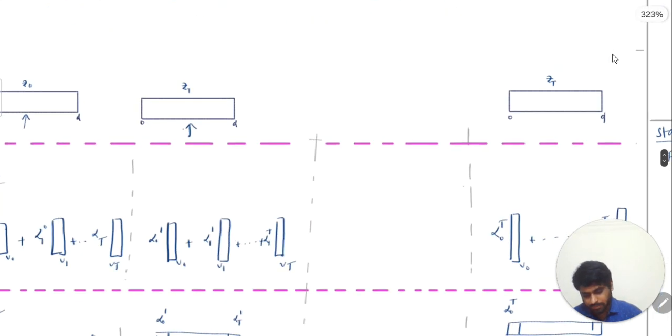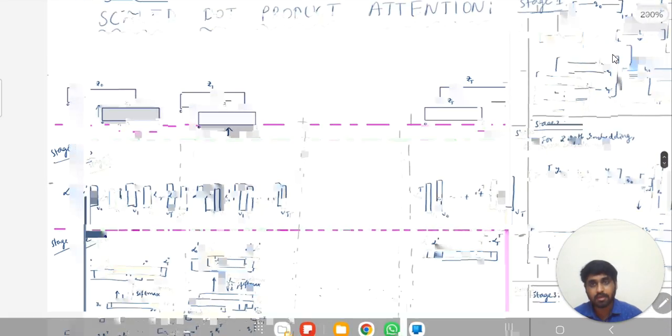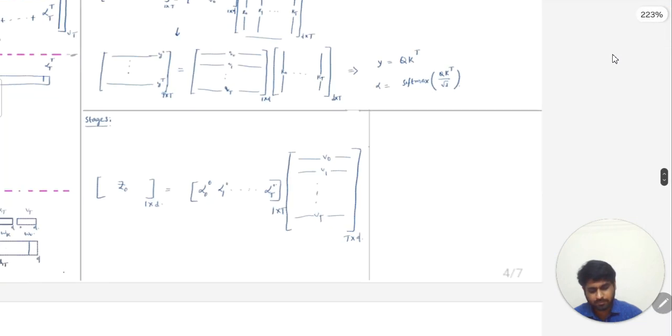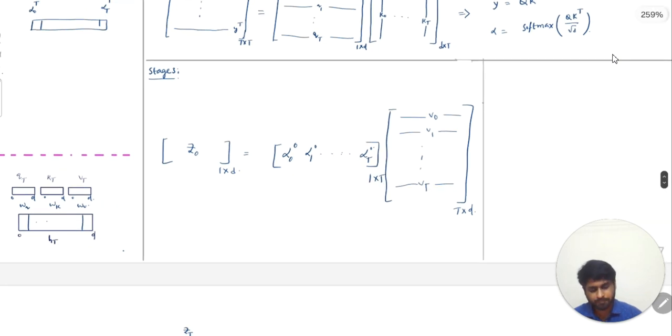Okay, and the third stage is calculating the weighted sums between alphas and the value vectors. Now let us see how stage 3 happens. For the 0th embedding, you take weights alpha 0 to alpha t, and the value vectors we can stack vertically, v0 to vt, as shown here in the figure.